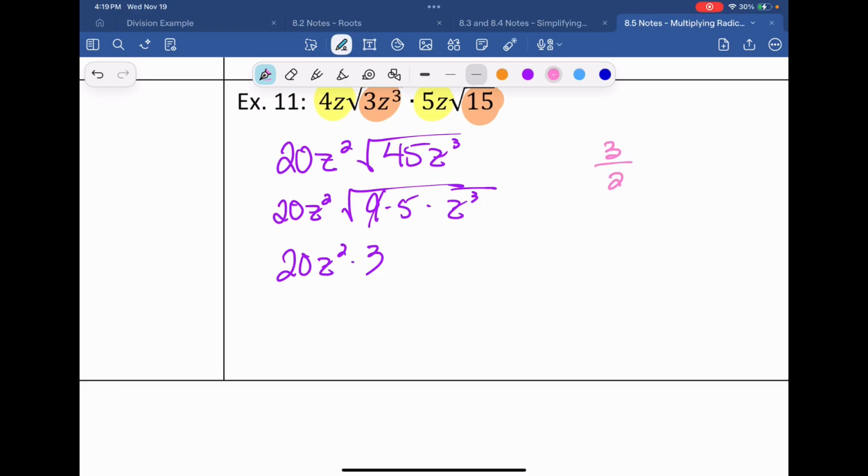Exponent 3 divided by index 2. That's 1, but this one has a remainder of 1. So I'm going to take an x and the 1 out. Take the z out, and we're going to keep a z on the end. So we still have the 5 and still have the extra z.